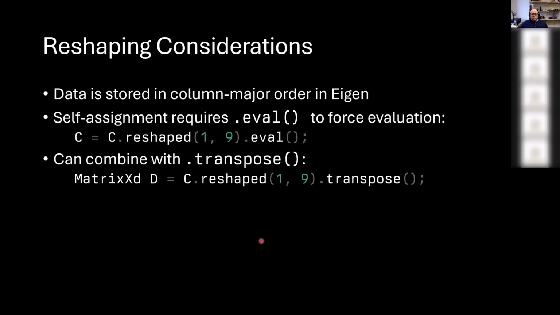Also, I have to say, when you reshape, you have to think about the matrix ordering, which determines how the existing values will be interpreted. So note that by default Eigen stores all matrices in column-wise order. So you go column by column.